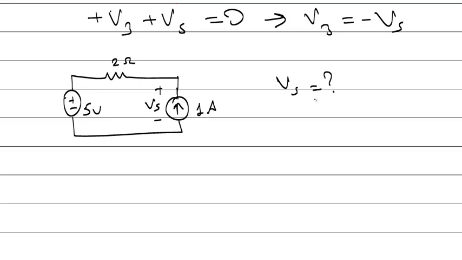We know that voltage and current of a source are not dependent. I know the current, but I cannot know the voltage from the current. So I need to apply KVL, and then I can find the voltage. Before that, I know the voltage of the voltage source.